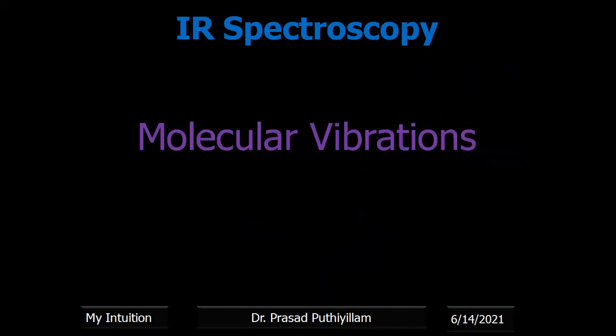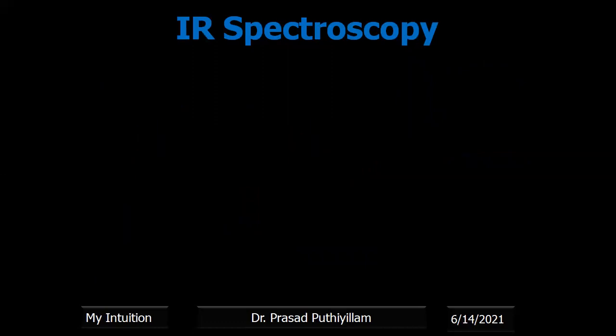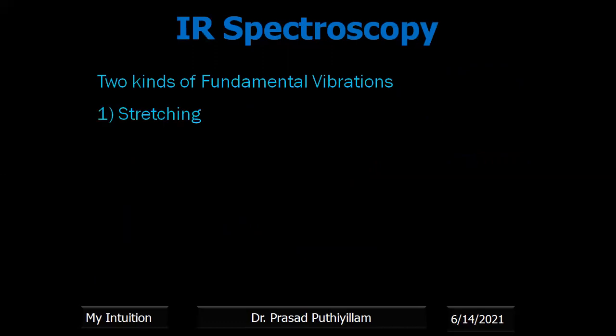Now, molecular vibrations. We are discussing vibrational spectroscopy as such. I'm not discussing much about rotation in this class series. There are two kinds of fundamental vibrations. One is stretching vibration. Say this is a molecule connected to two or three more bonds, just schematically represented.